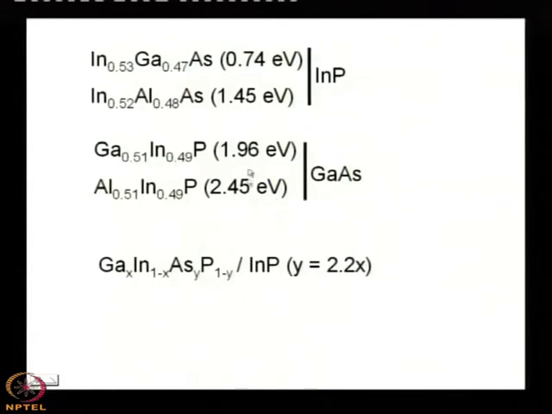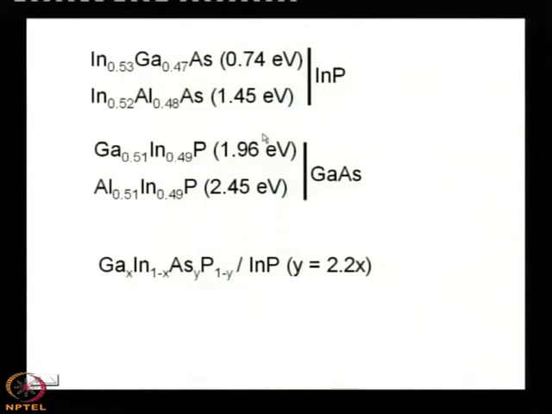These are the band gaps which will give you different kinds of application. Okay. So, these are the substrates and these are the materials, right. Now, how will we grow this material?